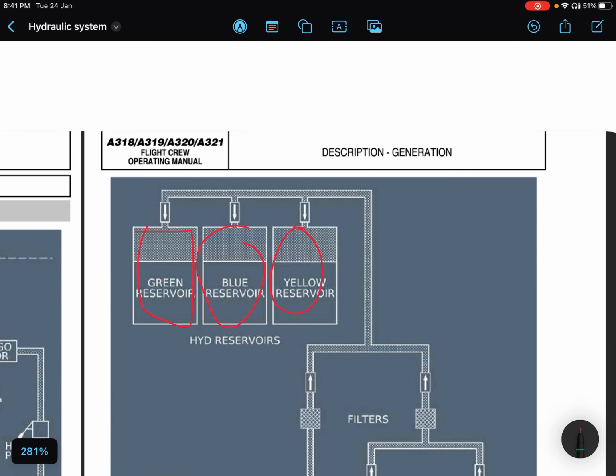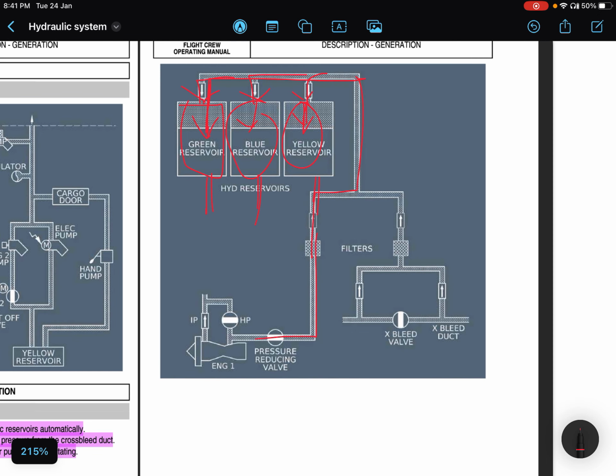When you go in the air, the pressure outside is very low, so if you are taking fluid from here, you need to pressurize the reservoirs. So where does this pressure come from? It comes from the engine 1 HP section only, right? Is it clear?